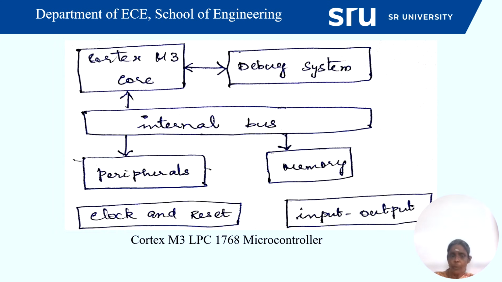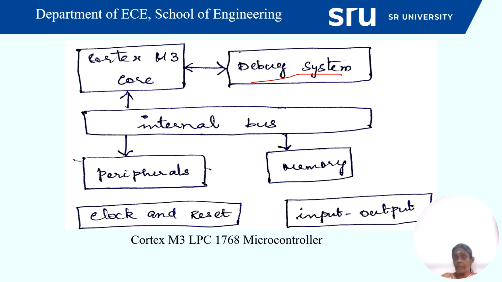The basic block diagram of Cortex-M3. It is the Cortex-M3 core, so it is the processor core. And then the debug system, which I will tell you in detail. Debugging is happening inside the processor component itself. And then the internal bus. Between the Cortex and the debug system, the flow is bidirectional.